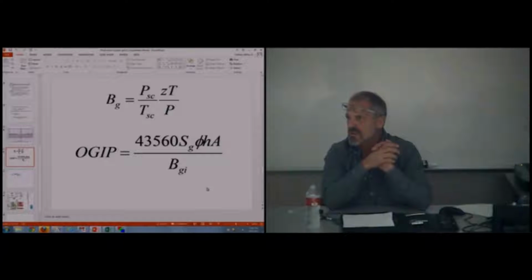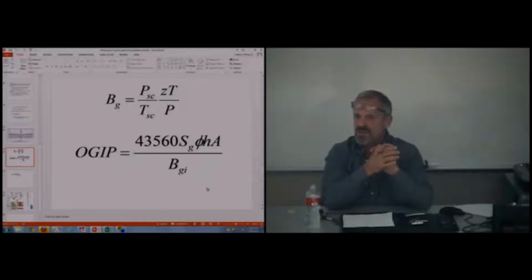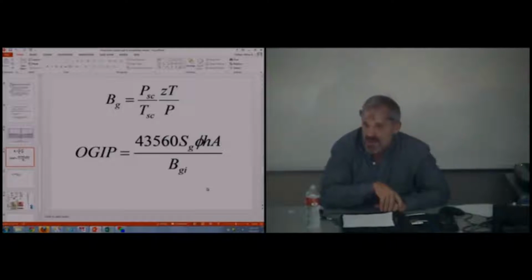So we start with cubic feet and work from there. You'll see things like people moving the decimal place over 3 points on the B sub G. You'll see things like, instead of 43560, 43.56, which you should recognize right away is going to give you your gas in place in MCF. I'm just warning you of all the pitfalls that you're going to see, not in this textbook, but in your work.